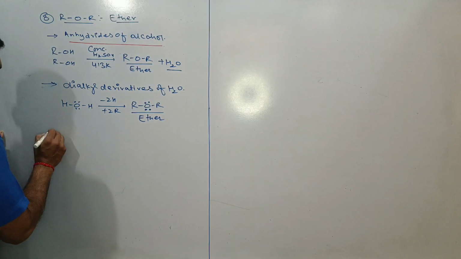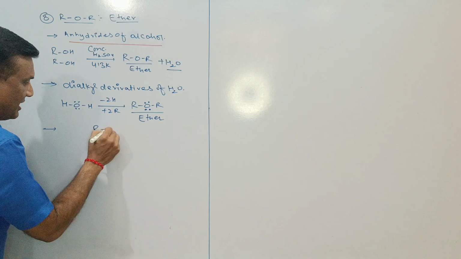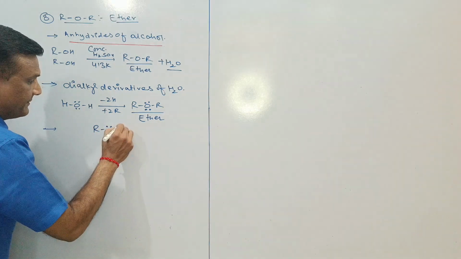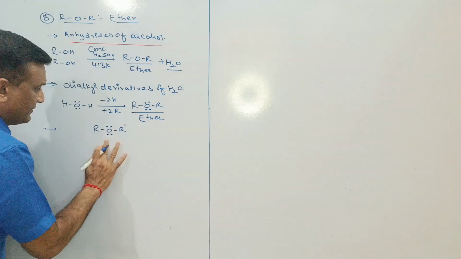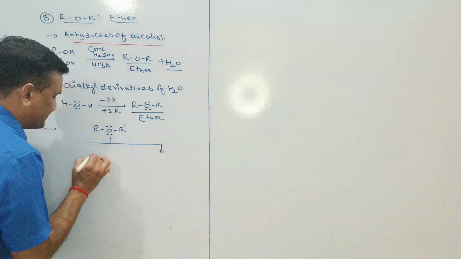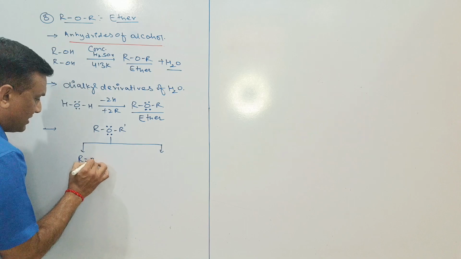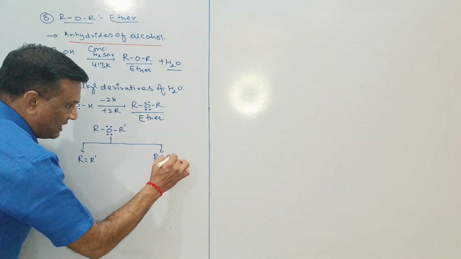Now I would like to go further with the ether. Ether has the formula ROR. Here are the two lone pairs, and these are the alkyl groups. On the basis of this alkyl group, there are two types of ether: when R is equal to R dash, and when R is not equal to R dash.